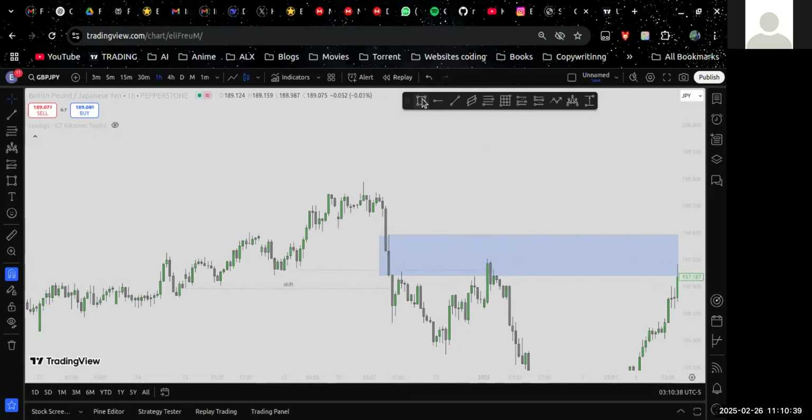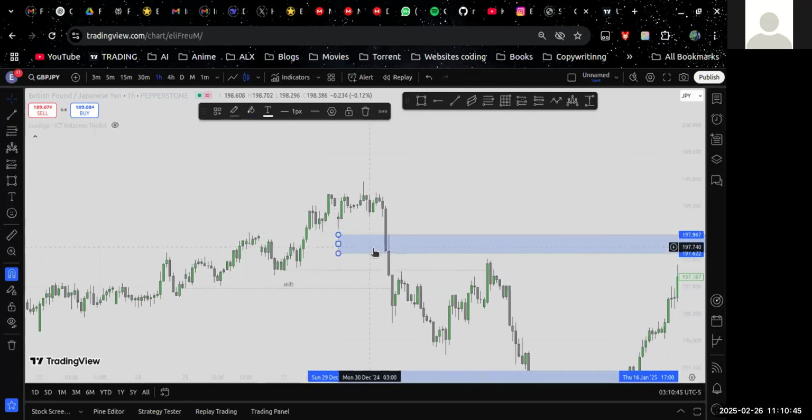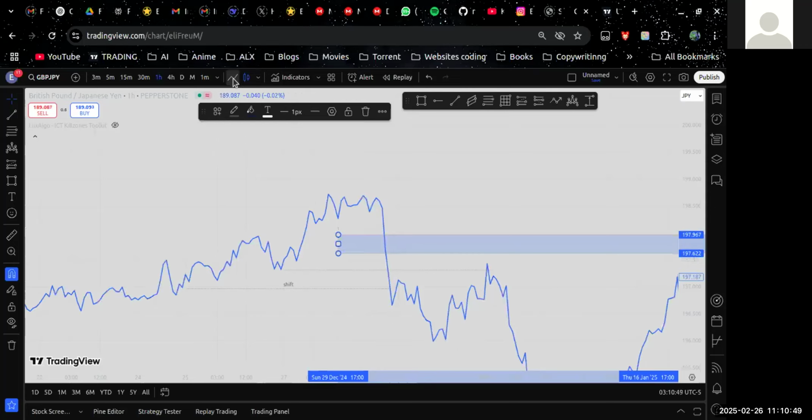So now that we have identified this area of liquidity here, I would advise you to switch to candlesticks, because the body closure of the candles tells you a very good story.